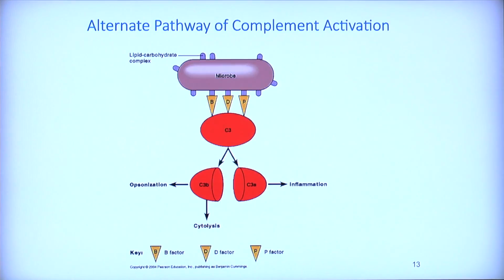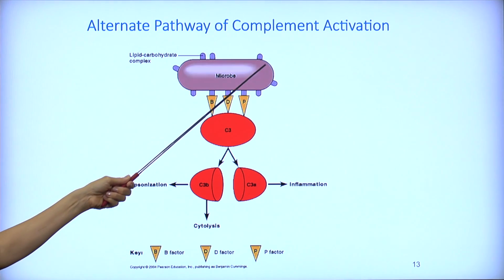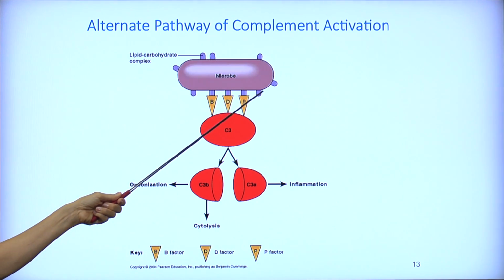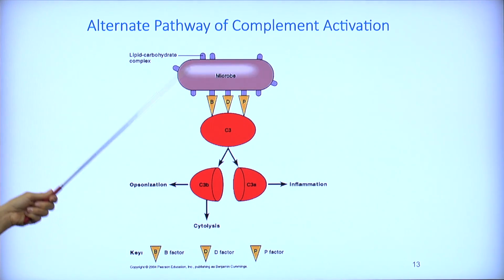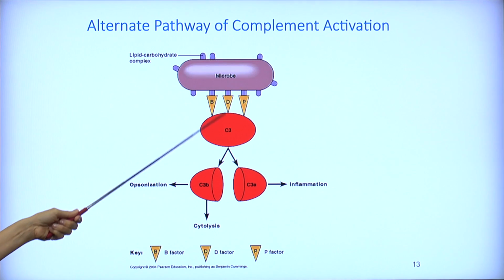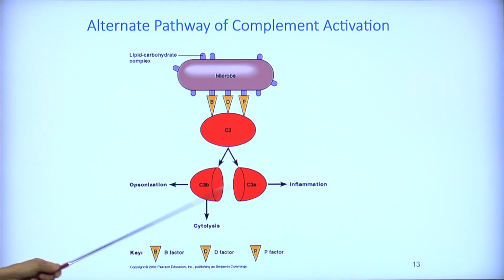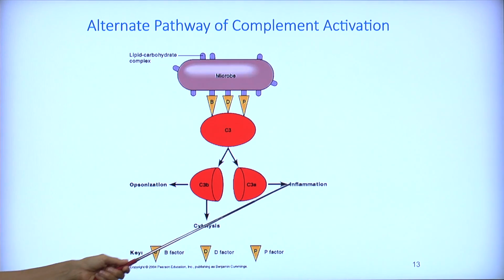In the alternate pathway, all it sees is an abnormal cell wall that does not belong to the human cell. Complement is going to stop and be activated. It recognizes this is abnormal. Again, there's a sequence of activation. Different members of complement will be activated, but the final outcome is going to be again opsonization, inflammation, or cytolysis.